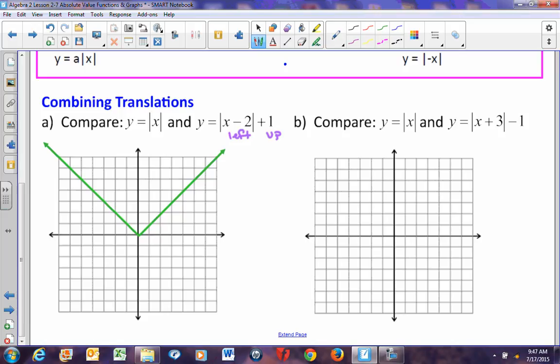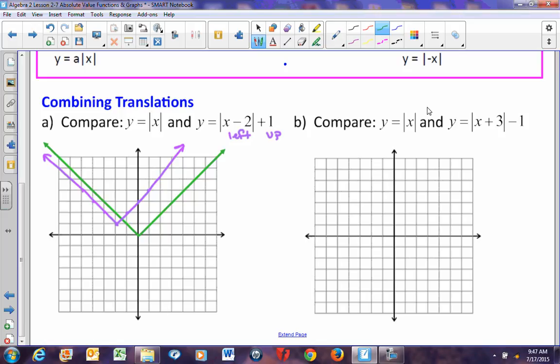So I'm going to take every point and translate it 2 left and 1 up. I'll start with the origin. I'll go 2 left and 1 up. From here, I don't need to translate any other points. I can just remember my slope is up 1 over 1, and I can make my V-graph from that. And there's my new translated function. So as you can see, if you can find where your vertex is, it's very simple to translate an absolute value function.